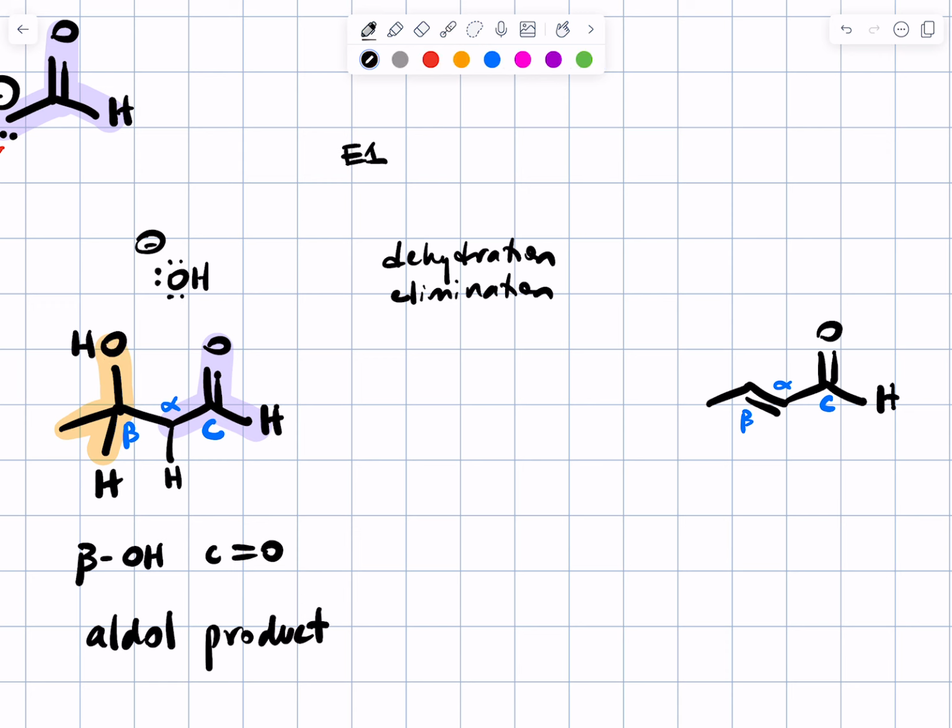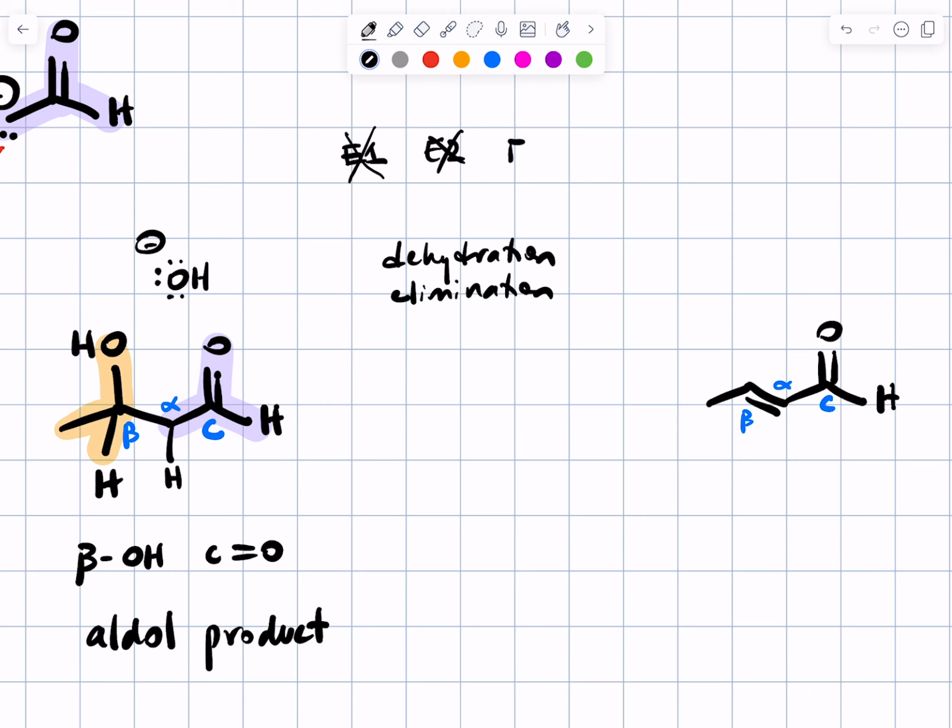So probably not E1. Let's think about E2. For E2, the nucleophile removes the proton as the pi bond's forming, as the leaving group's leaving. But in all the E2 reactions we did in 351, you needed a good leaving group. And again, OH minus is not the best leaving group. So it's probably not E2.